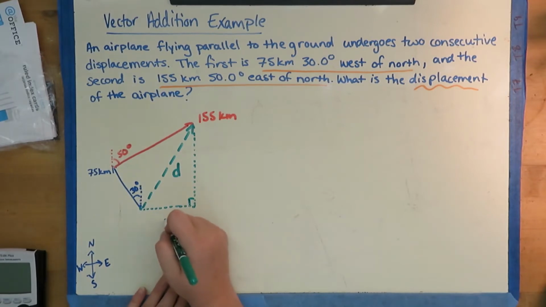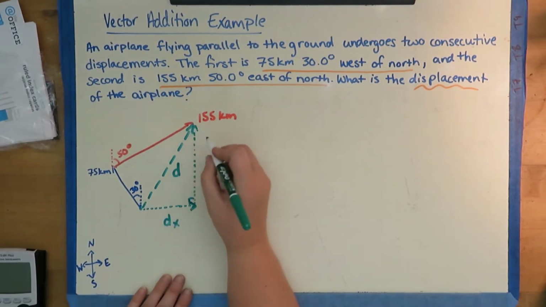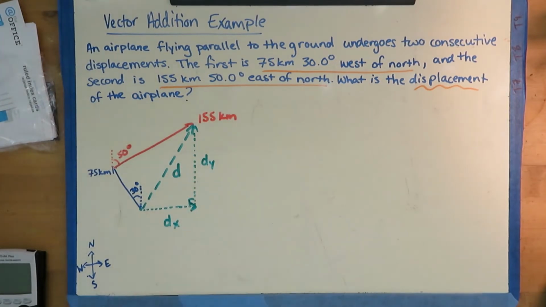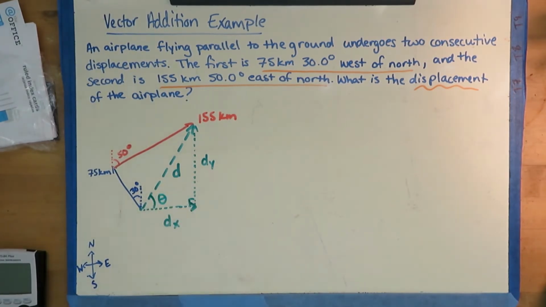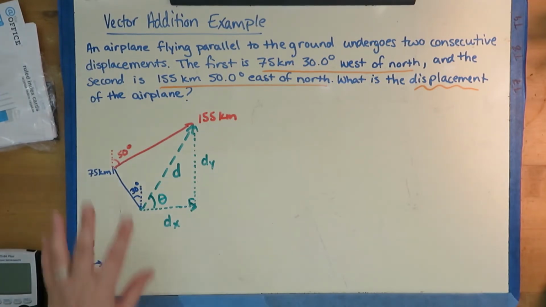I'm going to call the x component of that dx and the component here dy. With those dx and dy, that's ultimately what I'm looking for. And then I'll be looking for this angle theta. So I need to ultimately find all of that information.